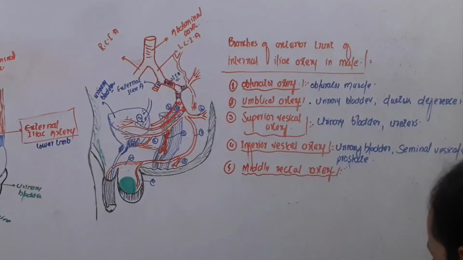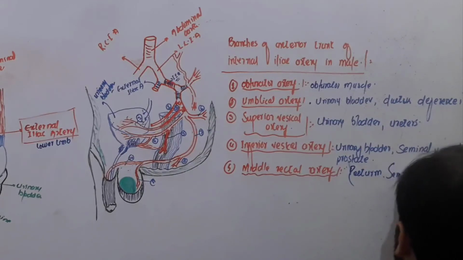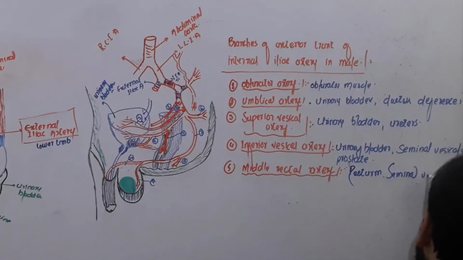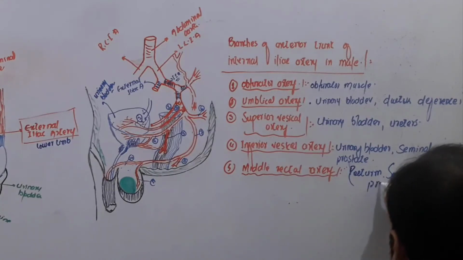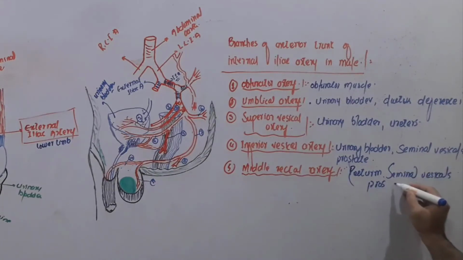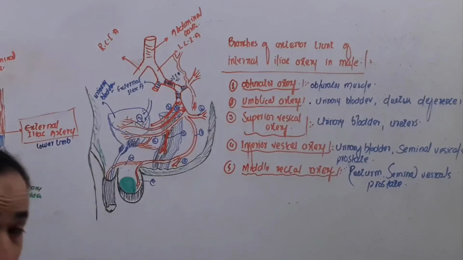So it also gives branches to the rectum. It supplies blood to rectum, to seminal vesicles, right, and also to prostate. Right. If I stand like this, you will see it clearly. I'm sorry if you have some.